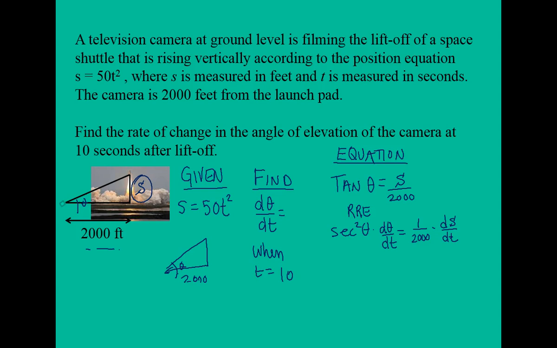So if we plug into our position function, S equals 50 times 10 squared, that should give us the distance it has traveled in 10 seconds. So we should have 5,000.